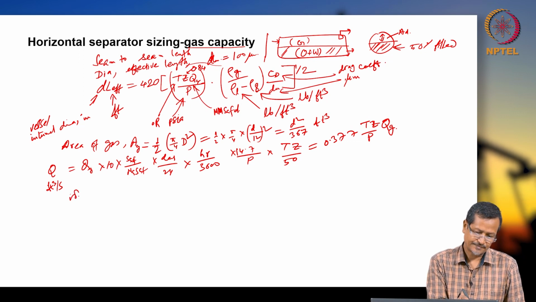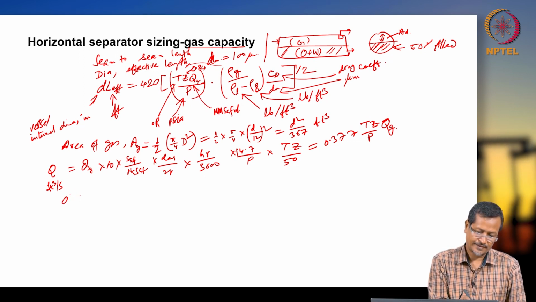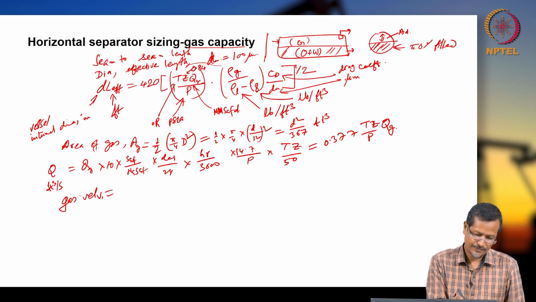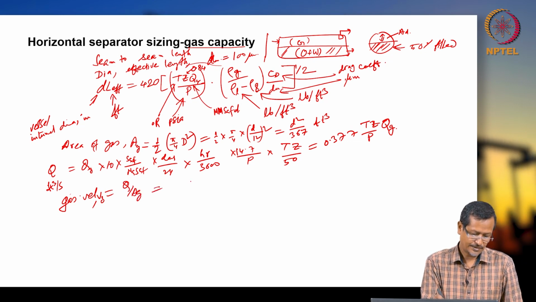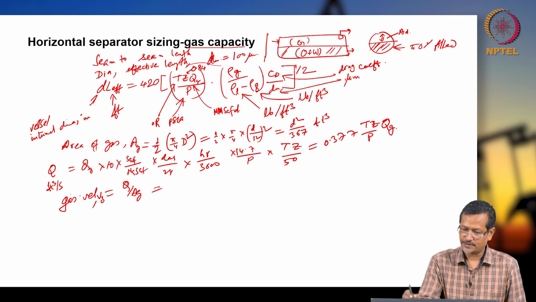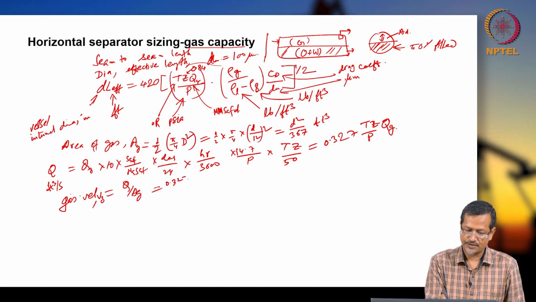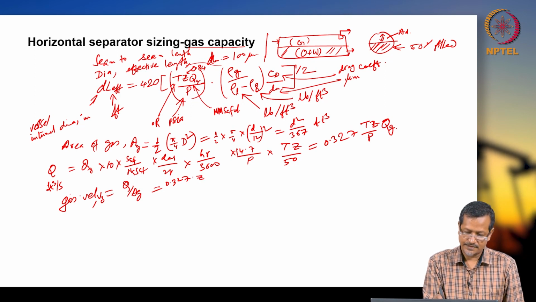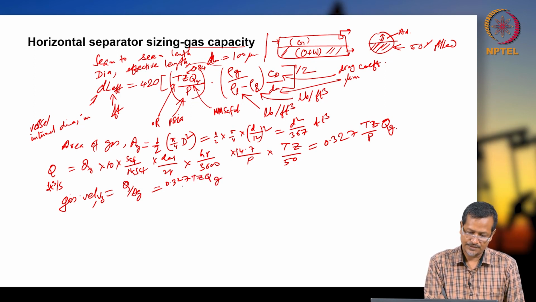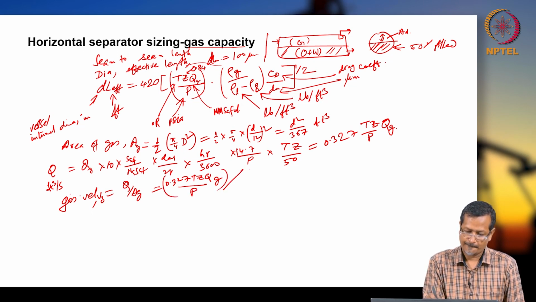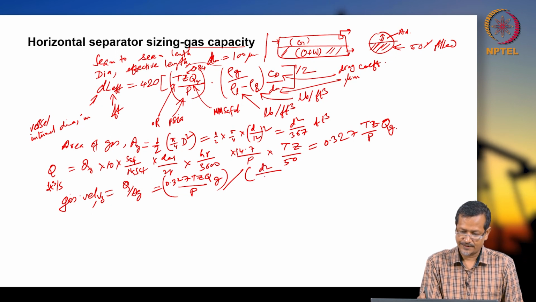So gas velocity. Gas velocity Vg will be Q by Ag. So Q, how much did you get? 0.327, not 327, 0.327 TZ QG by P, divided by d squared over 367.